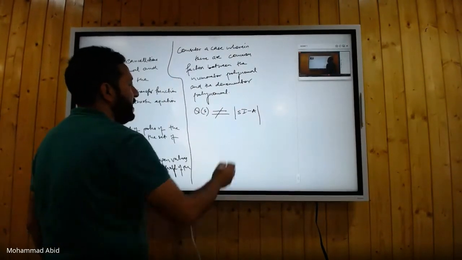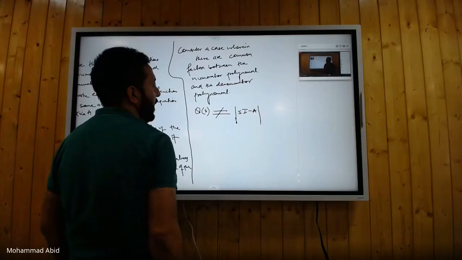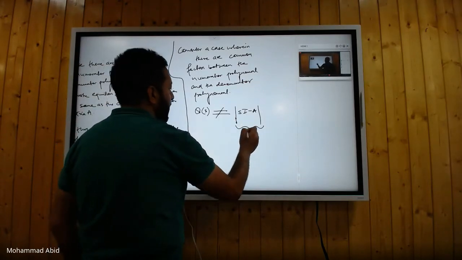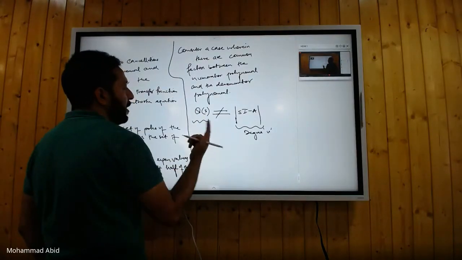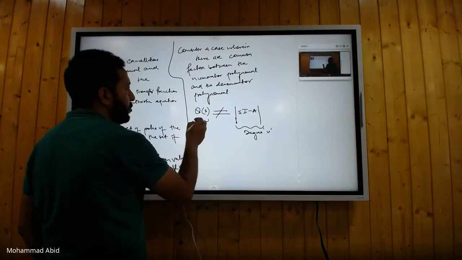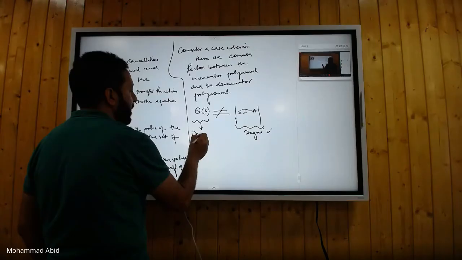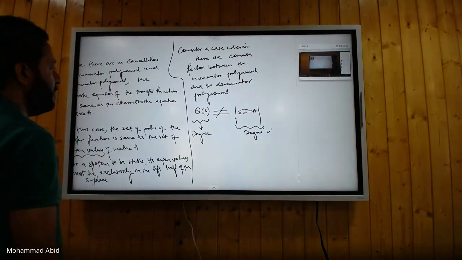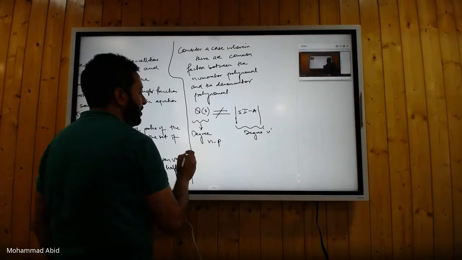डिटरमिनेंट ऑफ Si minus A की डिग्री क्या है? अगर A n क्रॉस n मैट्रिक्स है तो इस पॉलिनोमियल की डिग्री n है, isn't it? जी सर। और QS अगर मान लो एक कॉमन फैक्टर है जो कैंसिल आउट हुआ, तो इसकी डिग्री क्या होगी? n minus 1. So in general, if there are p common factors between the numerator polynomial and the denominator polynomial, इसकी डिग्री आएगी n minus p, isn't it?